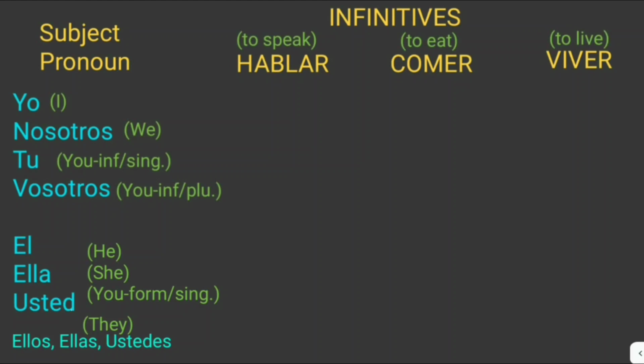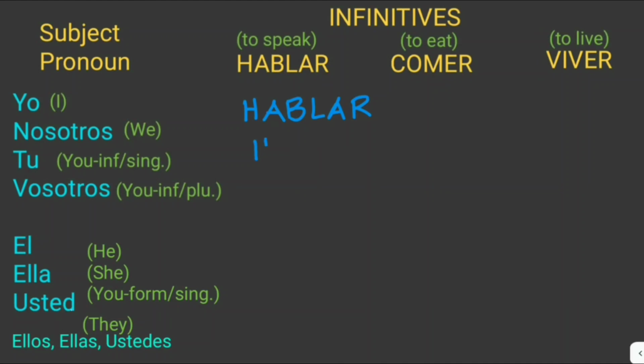Now let's start conjugating. Say for example, this word here, hablar, which means to speak. Hablar here is the base form of the verb. So how do we conjugate the word hablar? We just have to divide this into two: its stem and its ending.